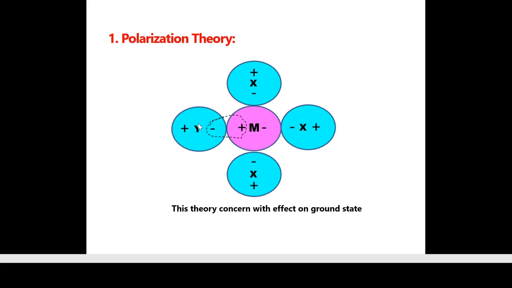So the theory tells that if one ligand is more polarizable than the other, let's consider Y ligand is more polarizable than X. What happens in this situation?